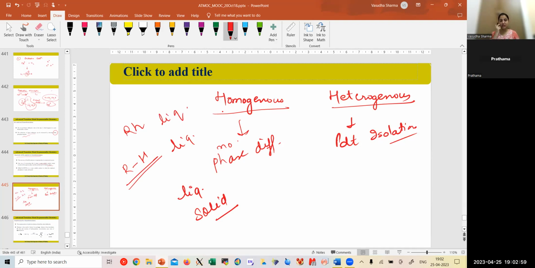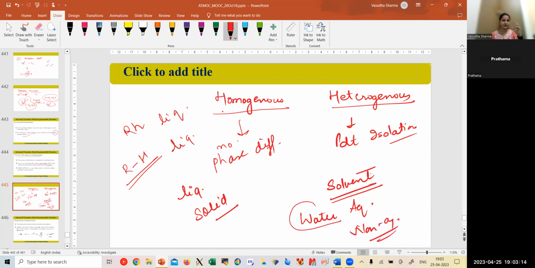This can happen if we use a solvent system in such a way that one is water soluble, an aqueous medium, and another is a non-aqueous medium. Your catalyst in the aqueous system gets dissolved in it, and your product, being an alkene system, might not be soluble because it is just a CH chain.